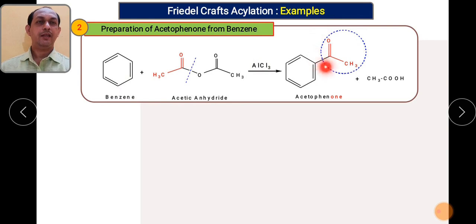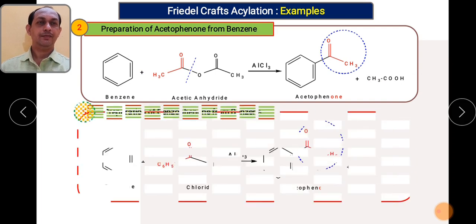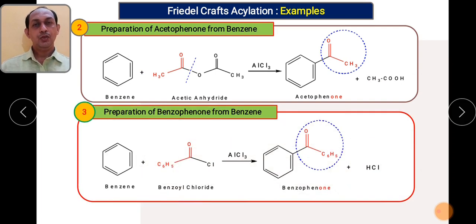This particular part you can see is coming from here. So this particular bond undergoes breakdown and acetic acid is formed, CH3 C double bond O and H, with the H coming from the benzene ring. So two ways we can prepare acetophenone: one is by using acetyl chloride and the other is by using acetic anhydride.